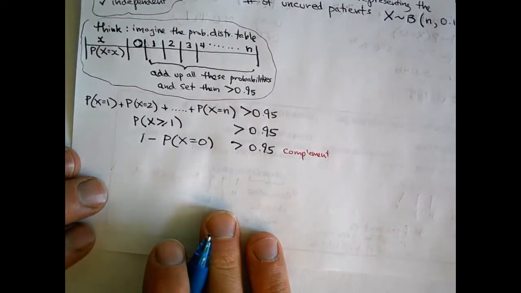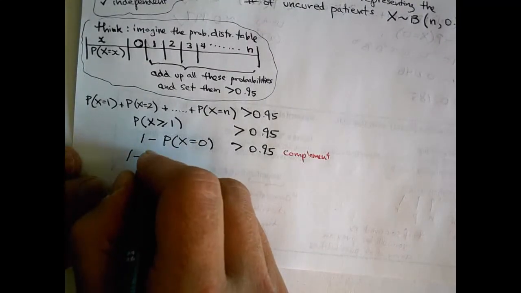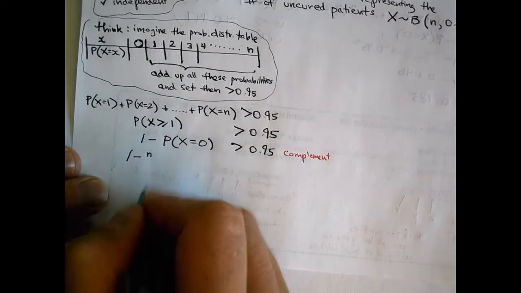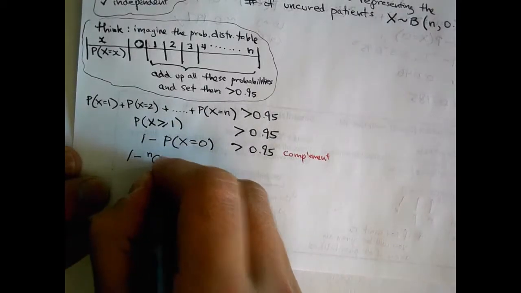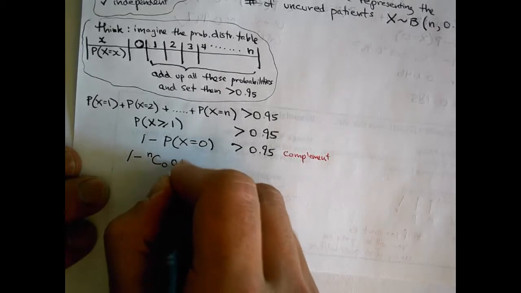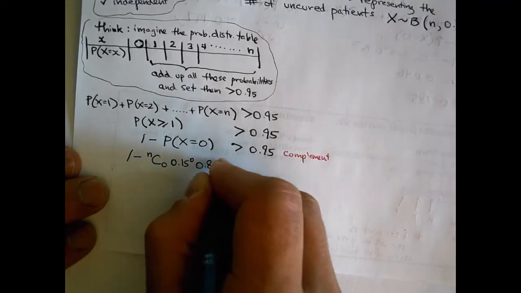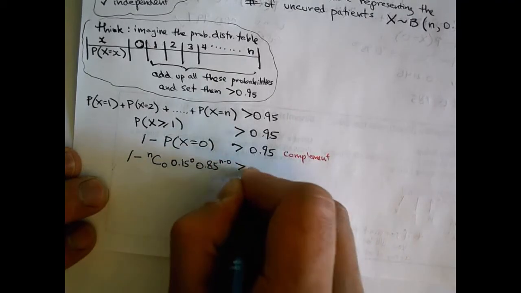Okay, now let's plug this into our formula. So I have 1 minus n, which I don't know what it is, choose 0, and then I have 0.15 to the power of 0 and 0.85 to the power of n minus 0.